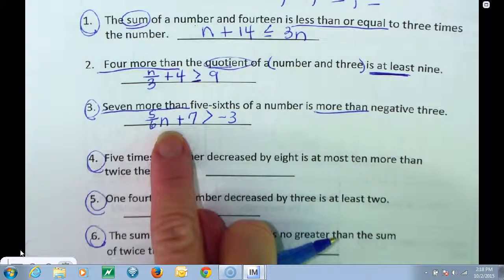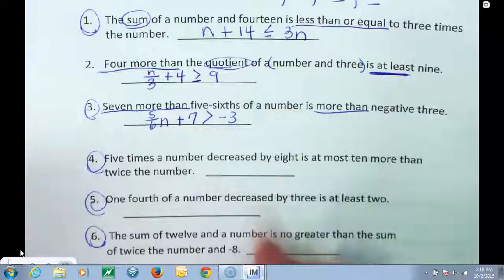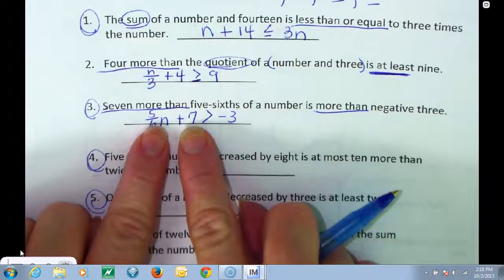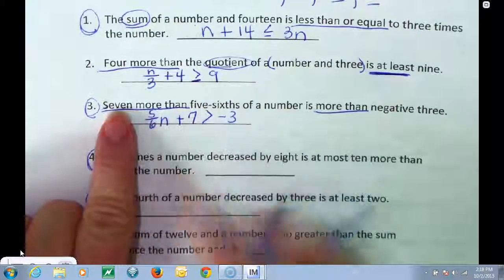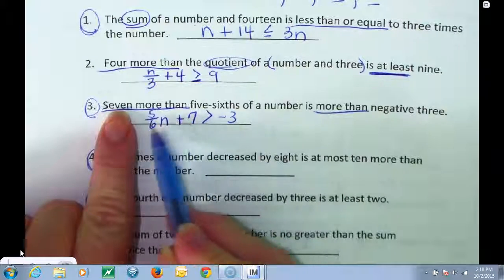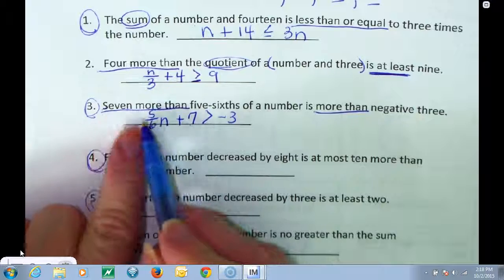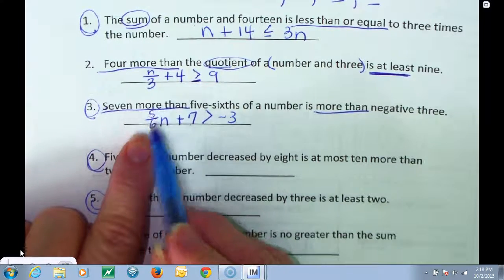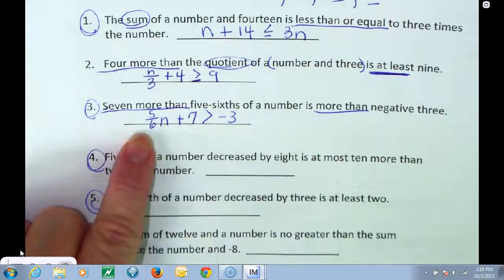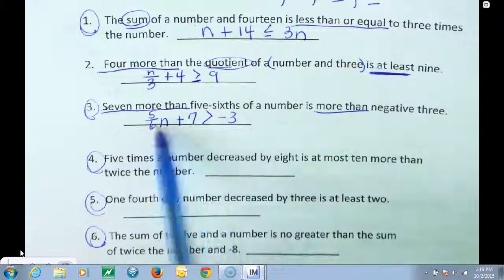No. The only thing you can change is the order right here. Look, it's 7 more than. There's no n multiplied on 7. It's 7 more than 5/6 of a number. It's the only way it can be written, except turn that around maybe.